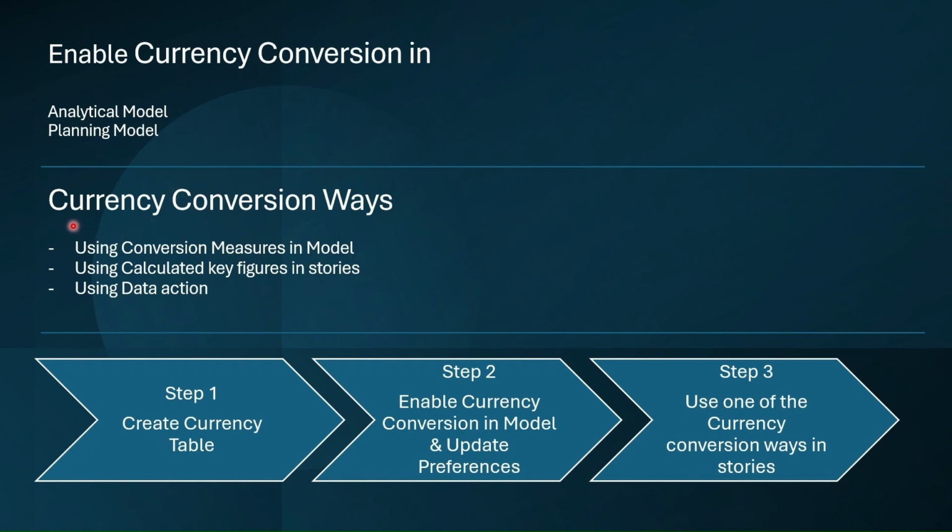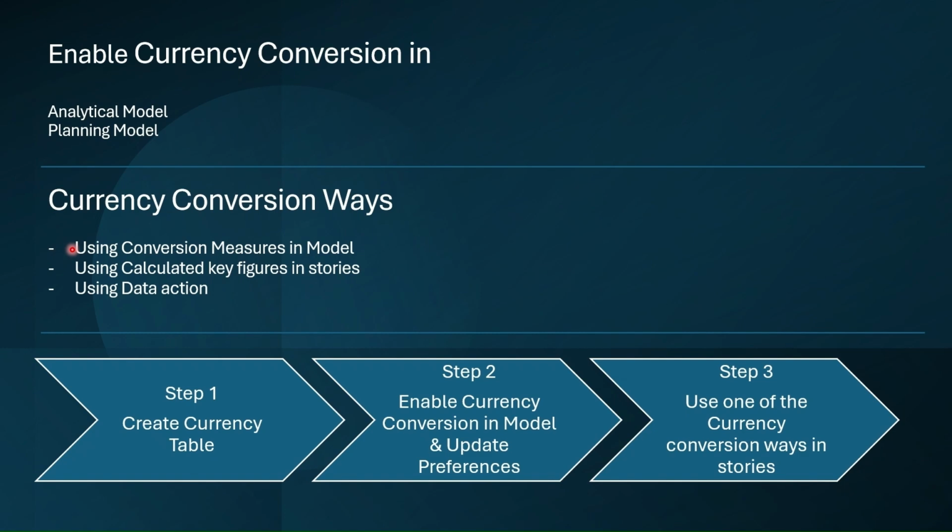Then there are different ways you can use currency conversion in SAC. In the stories, you can create calculated key figures directly and use the currency conversion on the fly.